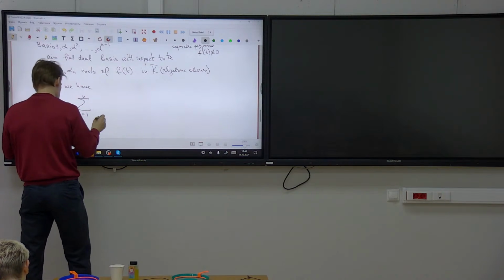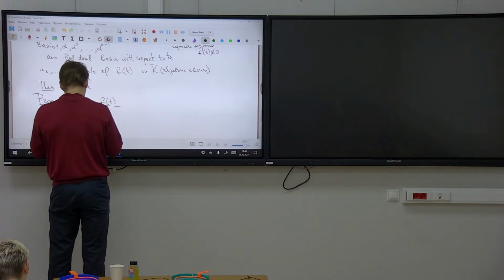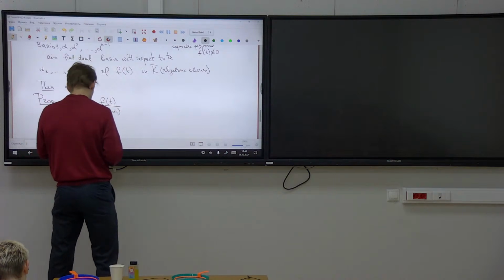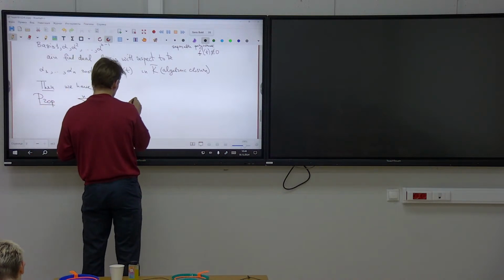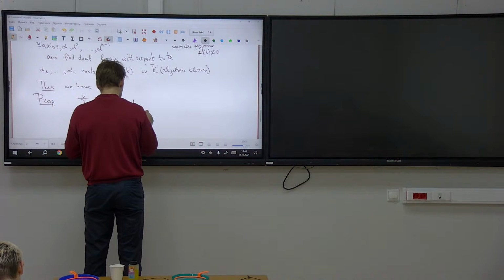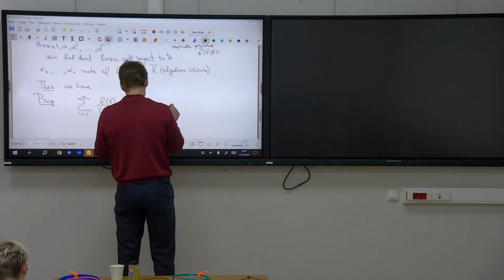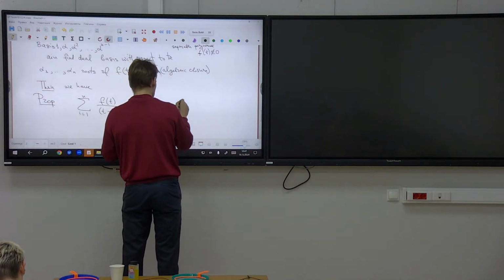So let us write the following polynomial: f of t divided by t minus alpha i, and write down 1 over f prime of alpha i multiplied by alpha i to the power r, and this is t to the power r.